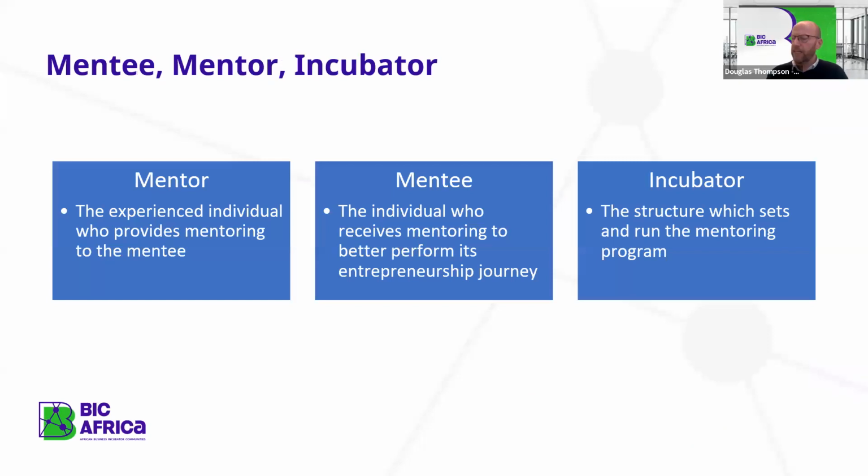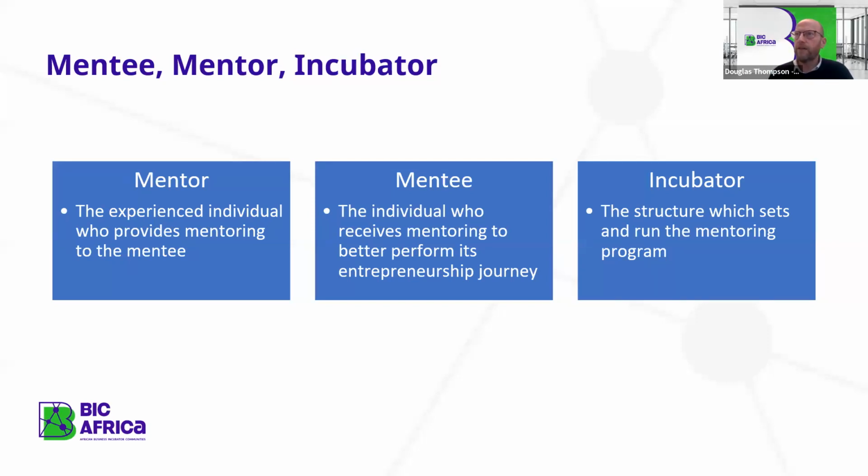So, in terms of perhaps some terminology that we're going to use here, we're continually splitting into three sets of terminology. The mentor, the experienced individual who provides mentoring to the mentee. The mentee, the individual who receives the mentoring to better perform their entrepreneurship journey, as we phrased it here. And the incubator, of course, we use the word incubator.